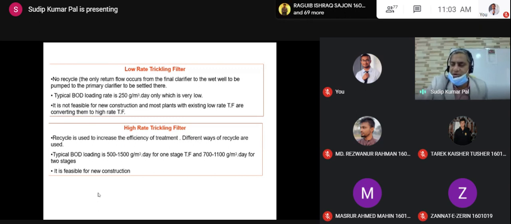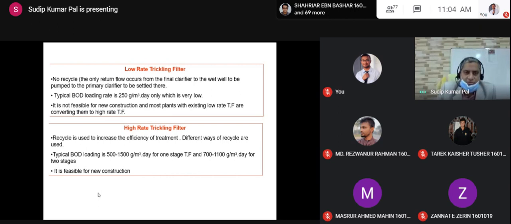Which means after filtration, it goes to the clarifier where solids will be settled down, and then treated water will go back to the system. And typical BOD loading rate, as you can see, is around 250 milligram per liter per day, which is very low, obviously.